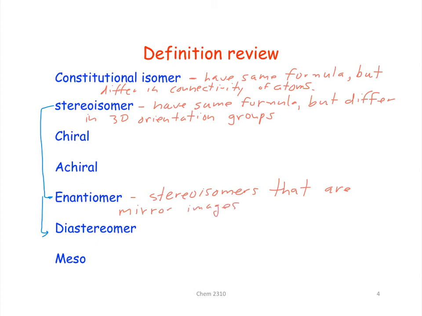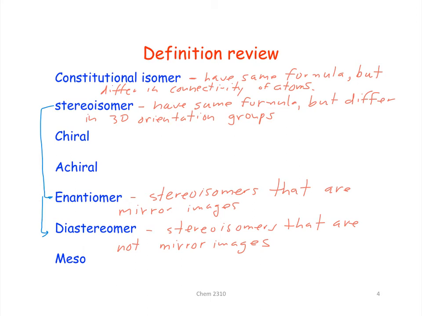And essentially all the rest are called diastereomers. So these are stereoisomers that are not mirror images. Okay, most commonly we see diastereomers where we have more than one chiral center. Some will be the same, some will be different. All right?